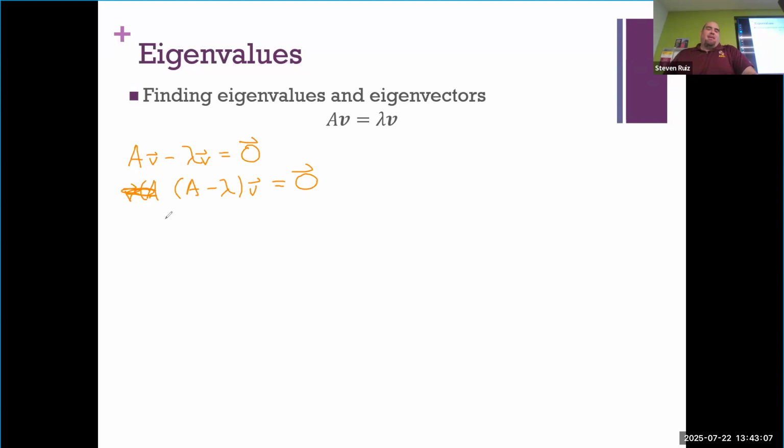But if there is a matrix that has the effect of subtracting a scalar, I can replace it with that. That's exactly what the identity matrix is. So this is now hopefully something that's legal. This is forbidden, but this new thing gets around that. Now I'm truly subtracting a matrix from a different matrix.